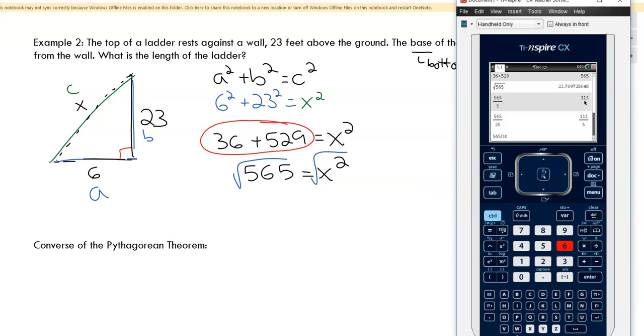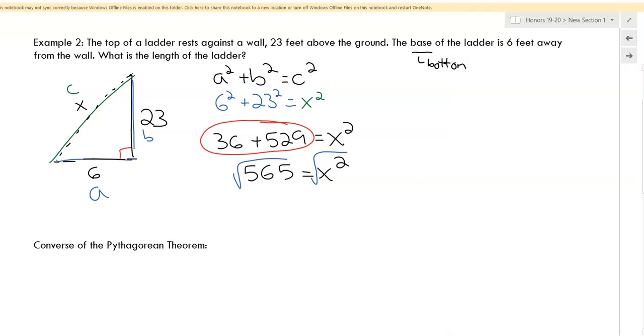You could keep trying. I could try 36, 49, 64, 81, but eventually these numbers are getting too big to even make sense. So I'm just going to assume, since I've gone through a lot of big numbers, that there is no perfect square that's part of 565 and that it doesn't simplify.